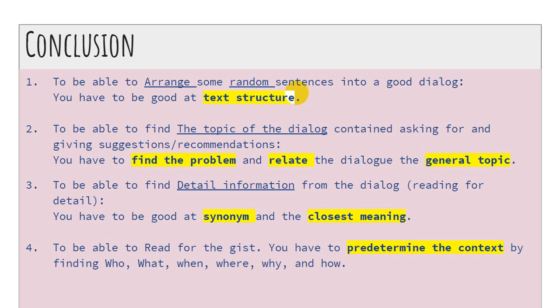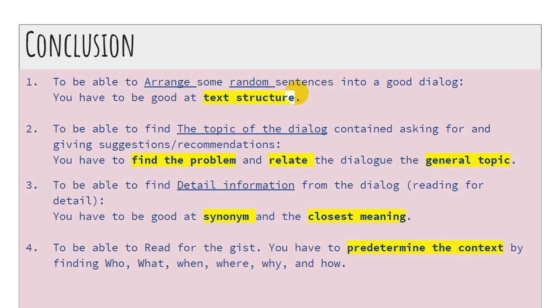Of course, it is impossible for you to put giving advice at the very beginning of the text. At least you have to put describing a situation first, and then asking for suggestions, and then the problem, and then giving advice, and then by the end, responding to the giving advice expression. All right.